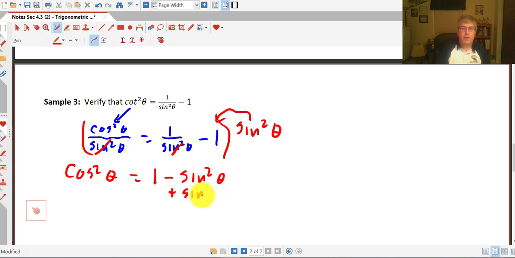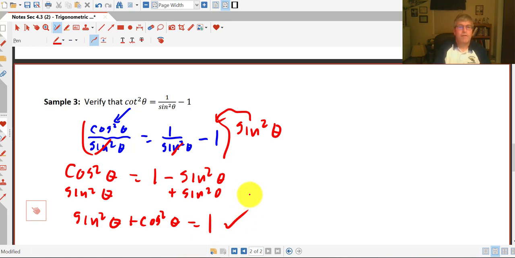Add sine squared theta to both sides, and I get the Pythagorean identity. Sine squared theta plus cosine squared theta equals 1. So I verified that this is a true statement because it leads us to the Pythagorean identity which we know is true.